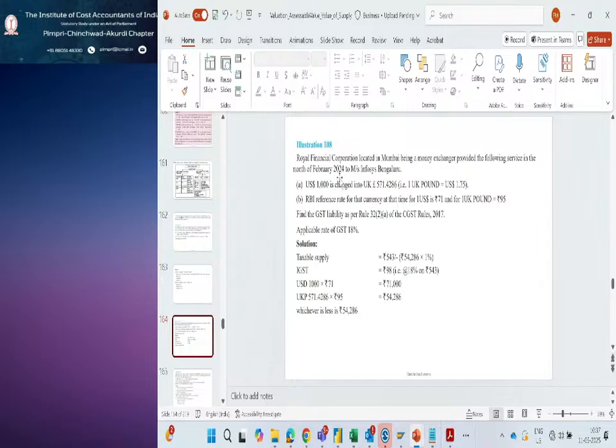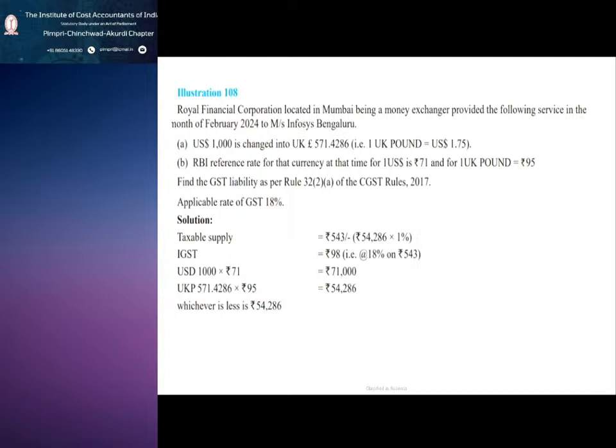This is related to case 3, cross currency. Royal Financial Corporation located in Mumbai, a money exchanger, provided the following service in the month of February 24. Now we are in case 3, cross currency.